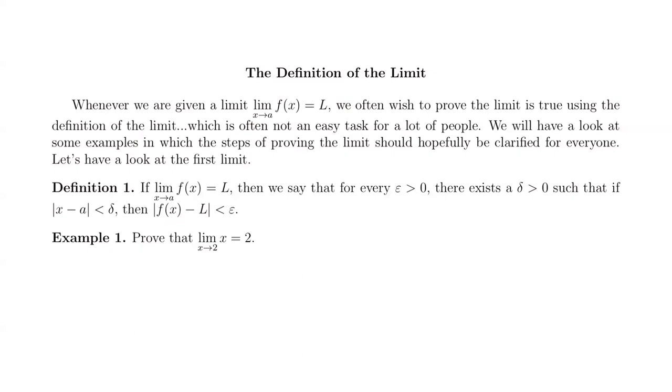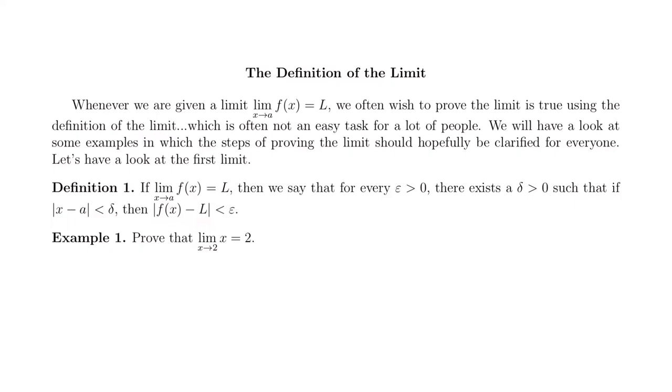Here we said that if we had the limit as x approaches a of f of x is L, so that's going to be the standard limit, then we say that for every epsilon greater than 0, there is some delta greater than 0 such that if the distance between x minus a is less than delta, then the distance between f of x minus L also has to be less than epsilon.